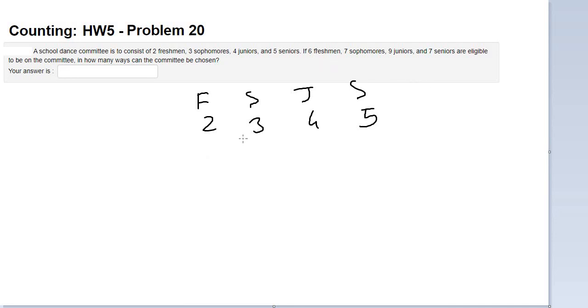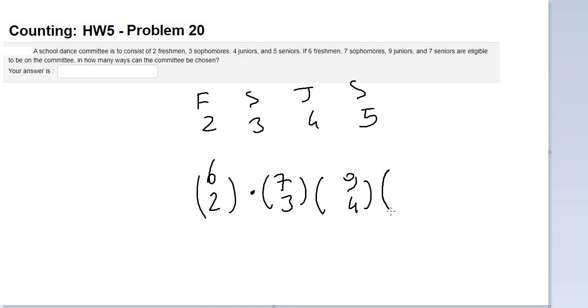So we were given that 6 freshmen are eligible, so 6 choose 2 times 7 choose 3 times 9 choose 4 times 7 choose 5. Let's make sure the numbers are right: 6 freshmen, 7 sophomores, 9 juniors, and 7 seniors are eligible. So out of them we can pick 2, 3, 4, and 5. So this is the answer.